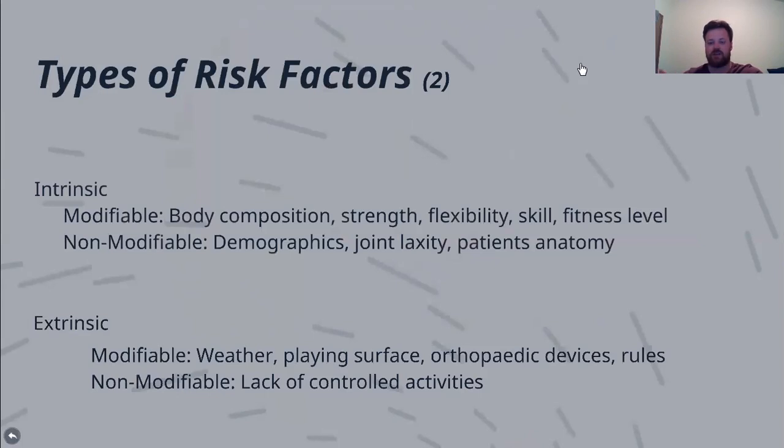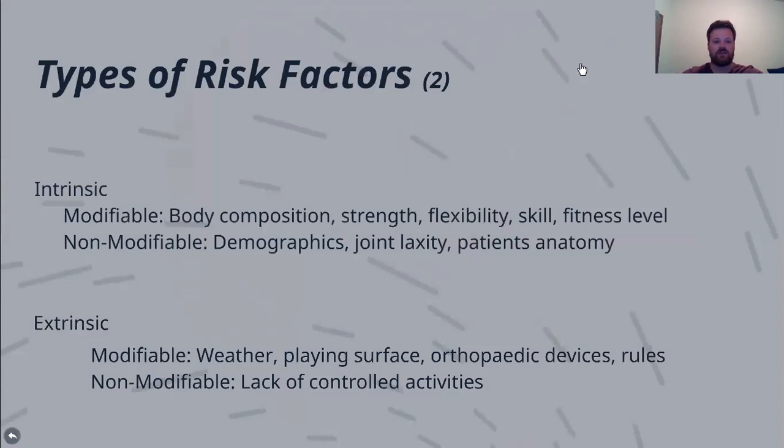You can't change someone's age, although it does change every year, but you can't go back. And then you have anatomy. Some people will be shorter, taller, and you may have discrepancies there.